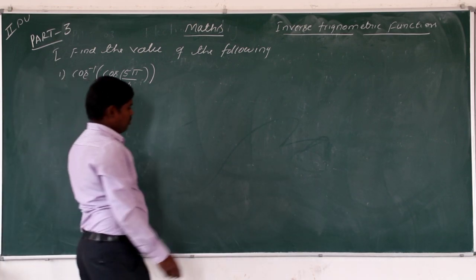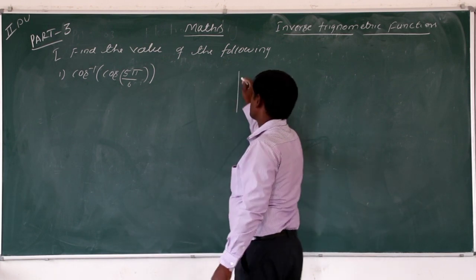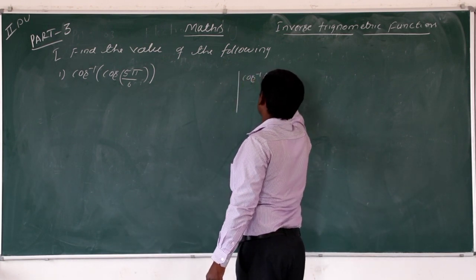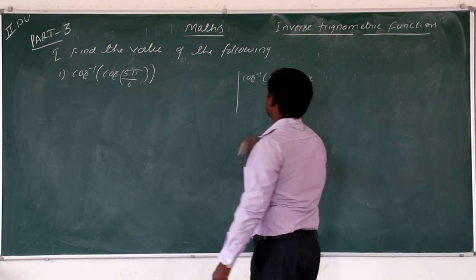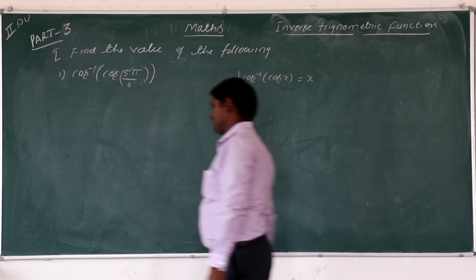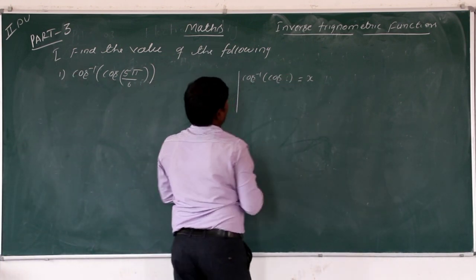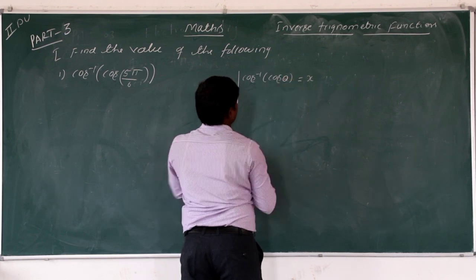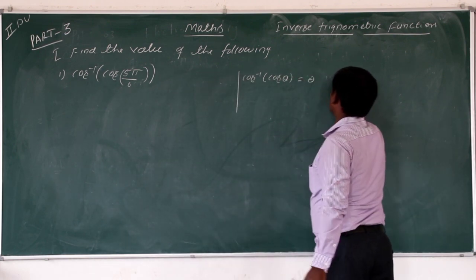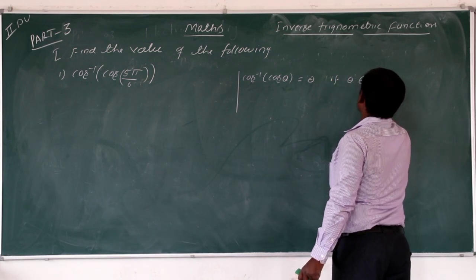We already know, by the property, that cos inverse of cos theta is equal to theta if the value of theta lies between 0 to pi.